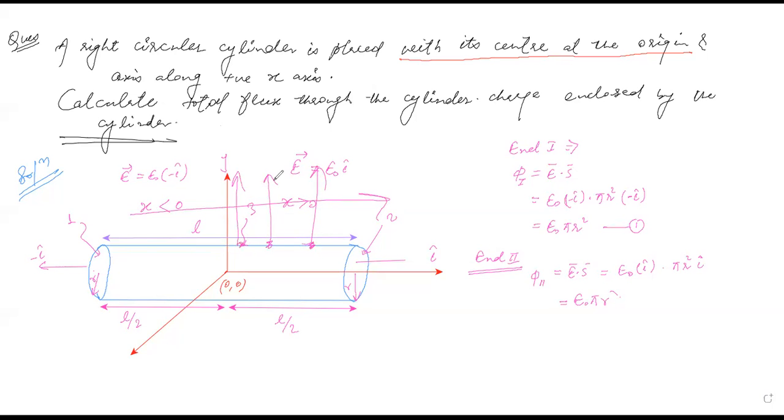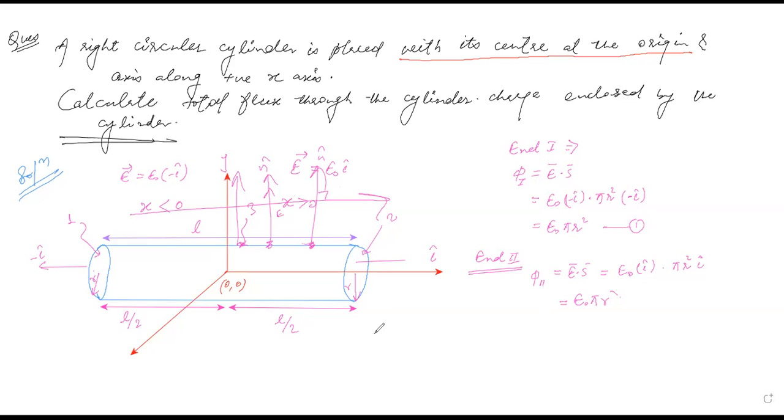Are you clear or not? So the angle between the area vector or surface vector and the electric field is 90 degrees.